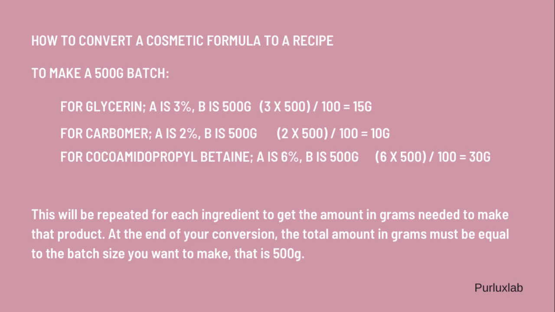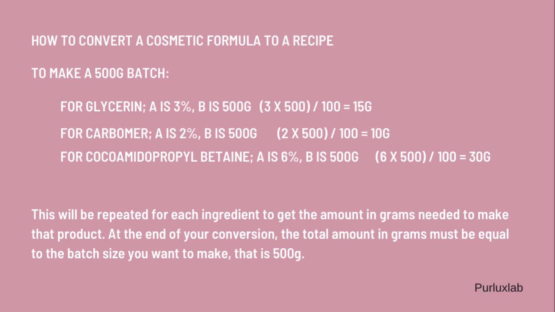That is going to be the value of our A, and B in this case is 500 gram, which is the total batch we are trying to make. So after multiplying 500 by 3, you then divide by 100 to give you the amount of glycerin you need for this particular formula.